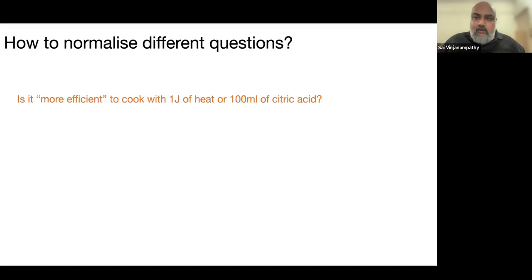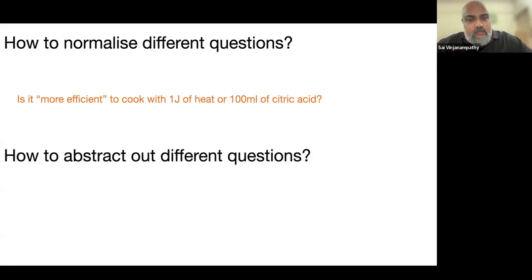I think of it in the modern context: I have to go to a shop and buy a lump of coal, and I have to pay this cost of money to the shopkeeper, and the shopkeeper also happens to sell citric acid, so I can ask them for citric acid instead. And then maybe the cost of 1 joule of heat or 100 ml of citric acid is very clear to me, and the more efficient bit is basically the amount of nutrition that's been transferred to me, which you would have to measure in some way.